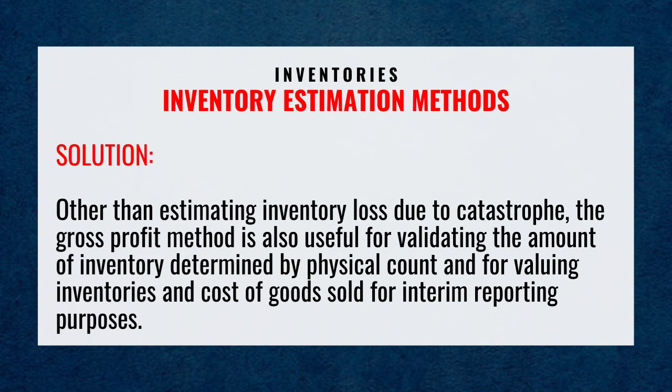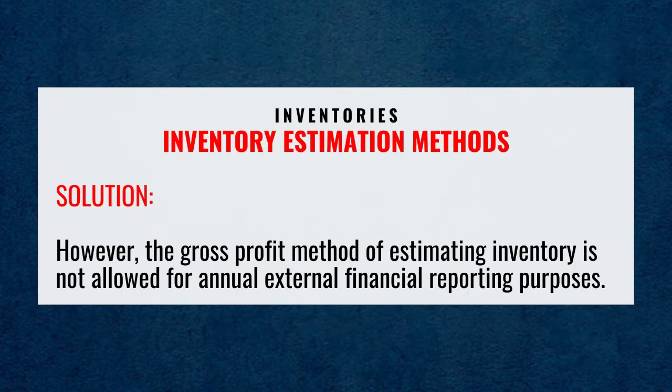Other than estimating inventory loss due to catastrophe, the gross profit method is also useful for validating the amount of inventory determined by physical count and for valuing inventories and cost of goods sold for interim reporting purposes. However, the gross profit method of estimating inventory is not allowed for annual external financial reporting purposes.